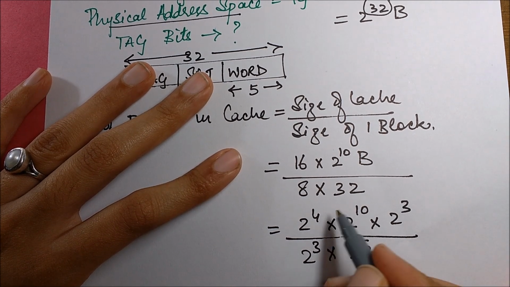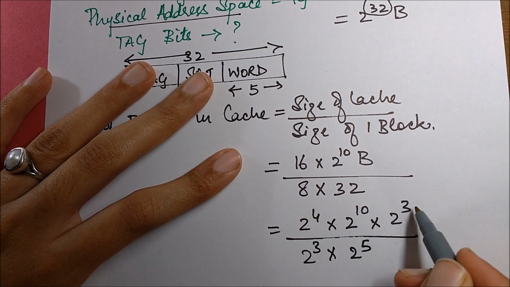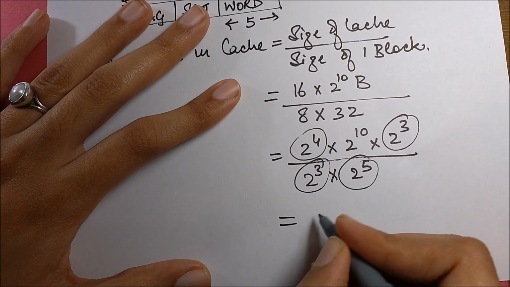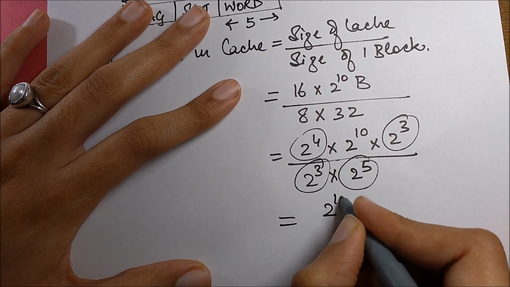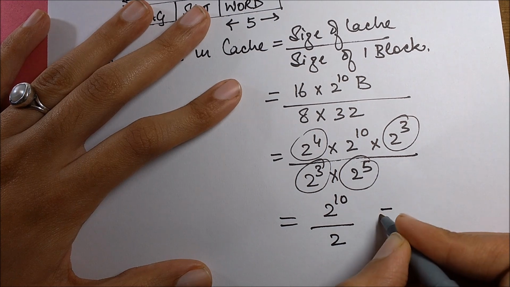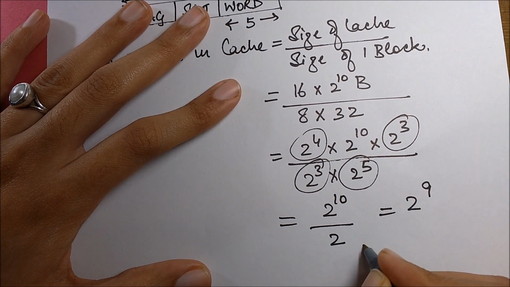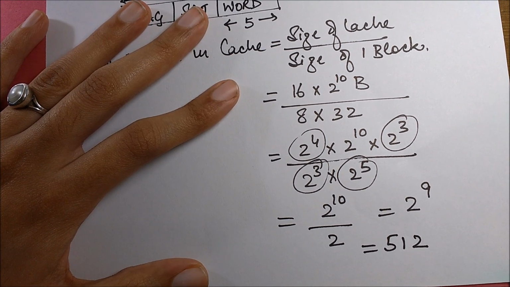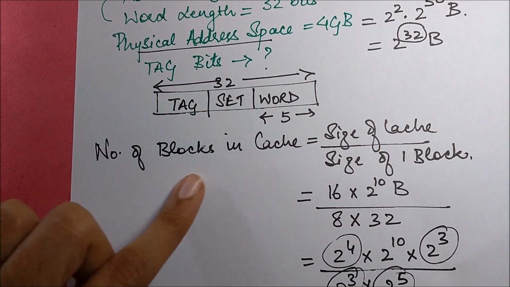And when you simplify the things, you get to know that this is 2 to power 7, including this and this. This is 2 to power 8 combinedly. So you can write that this is 2 to power 10 upon 2, which is nothing but 2 to power 9, which is 512. Right. So this is 512. So these are the number of blocks in cache.